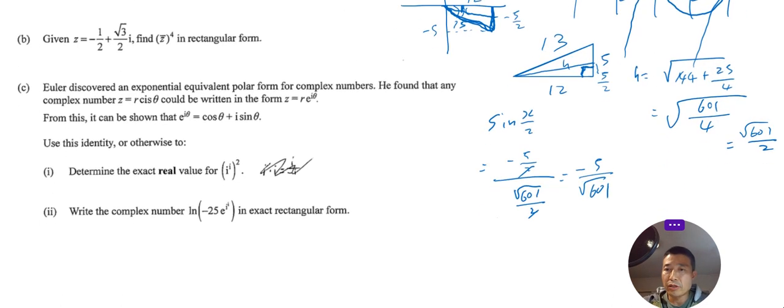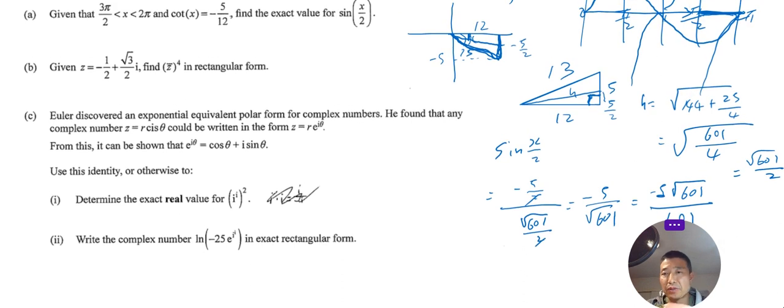Now we have to rationalize this, so multiply by square root of 601 on both top and bottom. So negative 5 square root of 601 over 601 should be the exact value of sine x over 2.